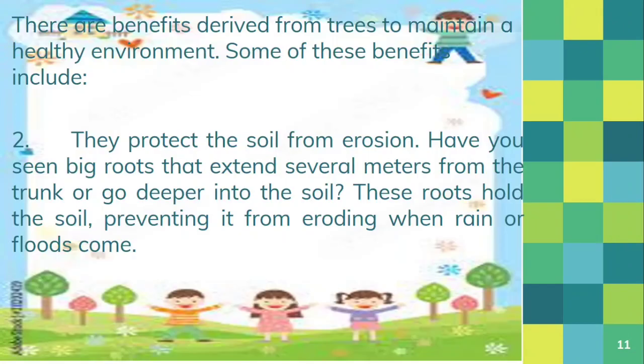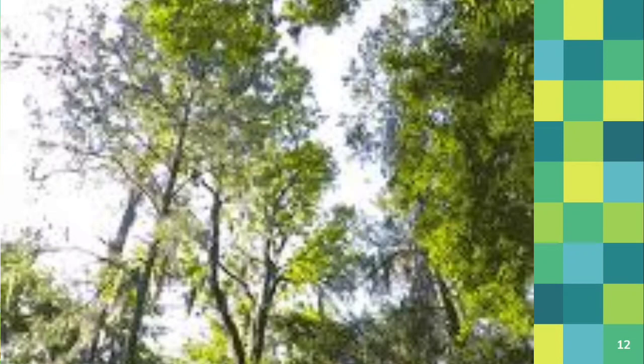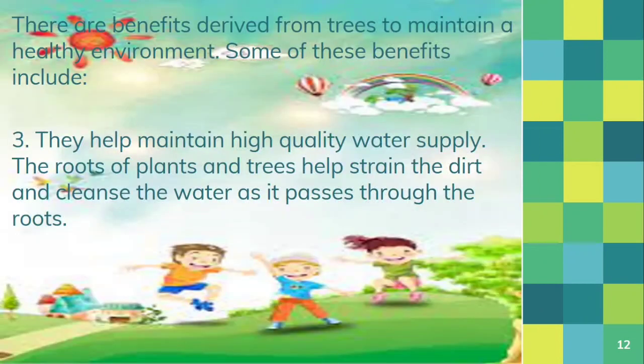Have you seen big roots that extend several meters from the trunk or go deeper into the soil? These roots hold the soil, preventing it from eroding when rain or floods come. Number 3. They help maintain high-quality water supply. The roots of plants and trees help strain the dirt and cleanse the water as it passes through the roots.